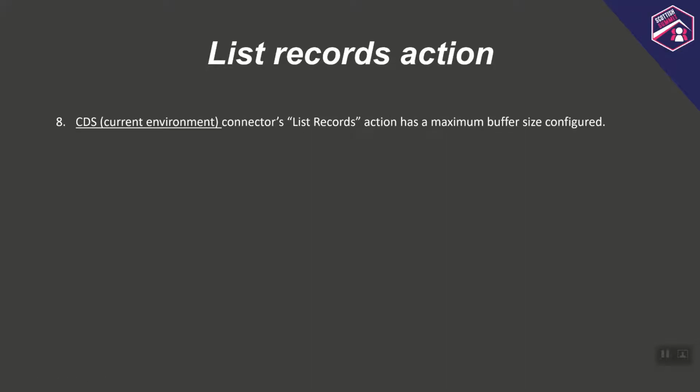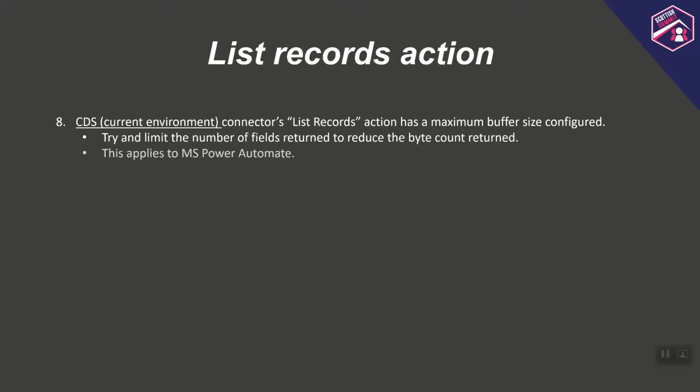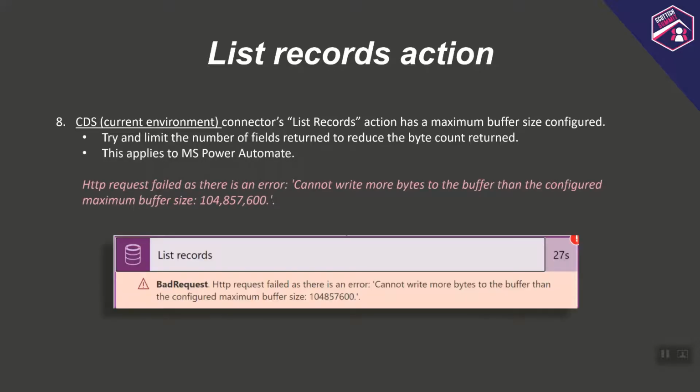The CDS current environment connector's list records action, and this applies to Power Automate, has a maximum buffer size set by Microsoft. This is currently just below 105 million bytes. What this means is if you request data and the data size that's returned exceeds the buffer size, you will get this error. And it's important that you try and limit the number of fields returned and reduce the byte count.